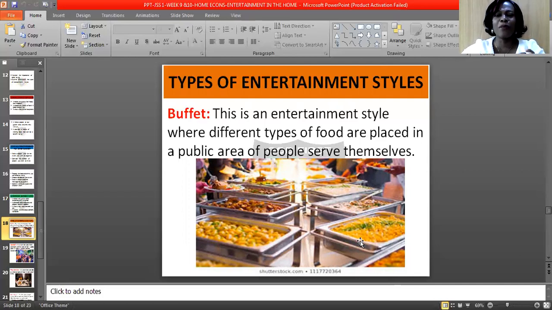They cook different types of food here, and you serve yourself and eat the one you want. You go straight to the one you want and you take it. Is that taken? That is buffet style of entertainment.